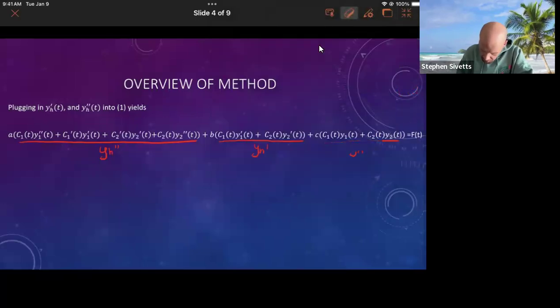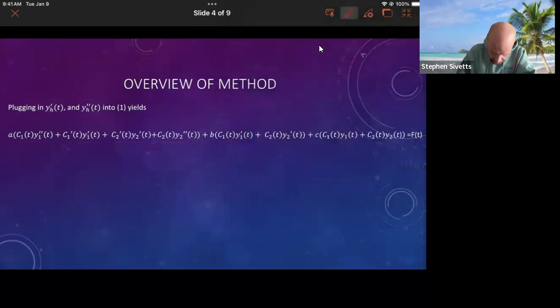So what I'm going to do now is gather some of the terms in this equation here. What I see is if I factor this a term, I'll get a times this term right here along with this term.